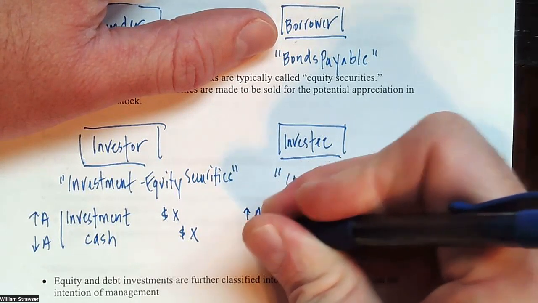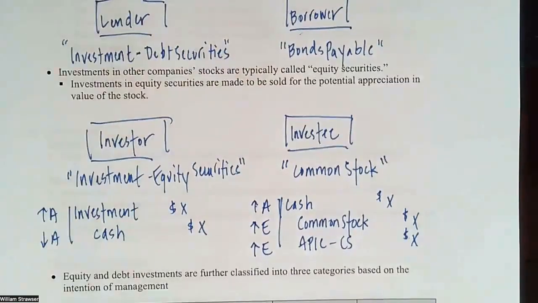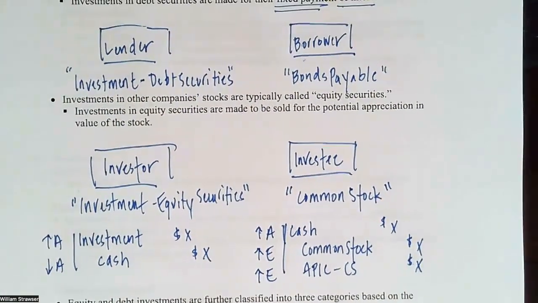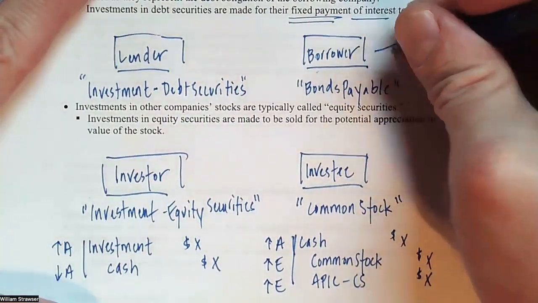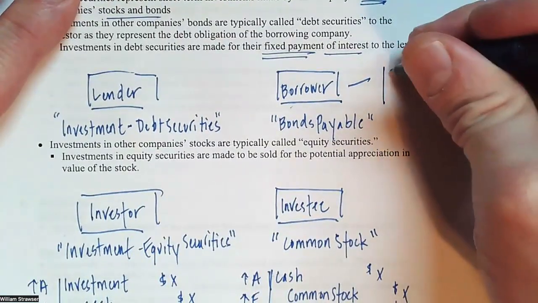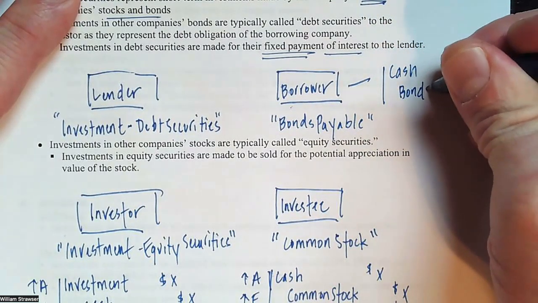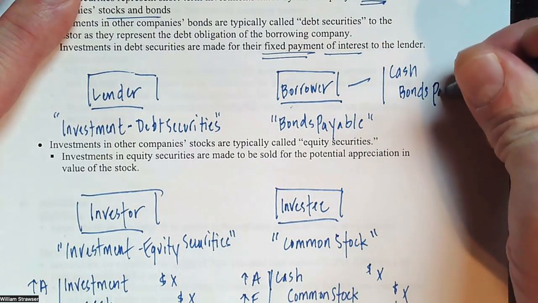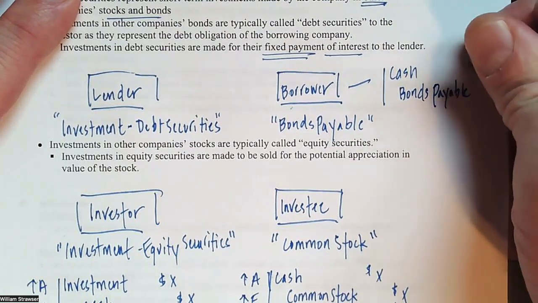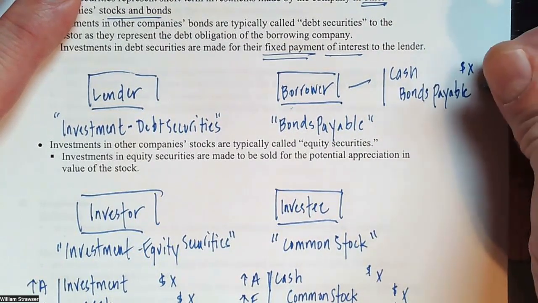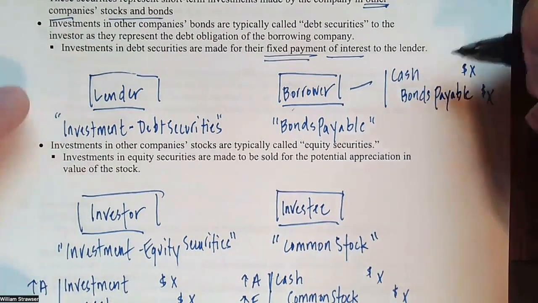So it's good to understand exactly these different transactions and what they mean to each person. If I was to do this above here, the borrower would record something along the lines of receiving cash and crediting bonds. I'll add the payable on it because that's more of a technical accounting term. Payable, very high level technicality.